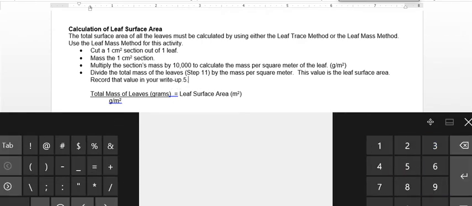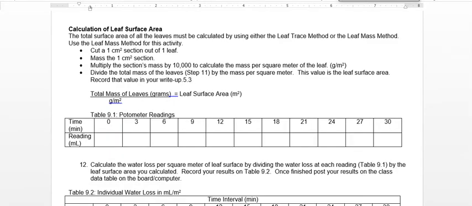Now, our reading on our potometer is dependent upon whatever it was in your glass tube. I had said in the prior section when I was in the other picture that most groups didn't start at 0. Most didn't start at 0 at all.